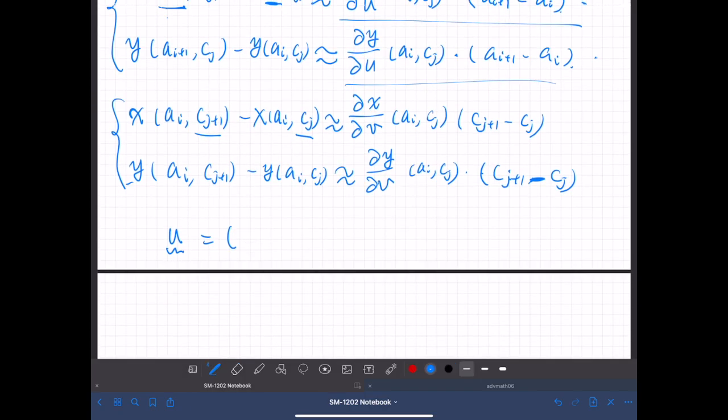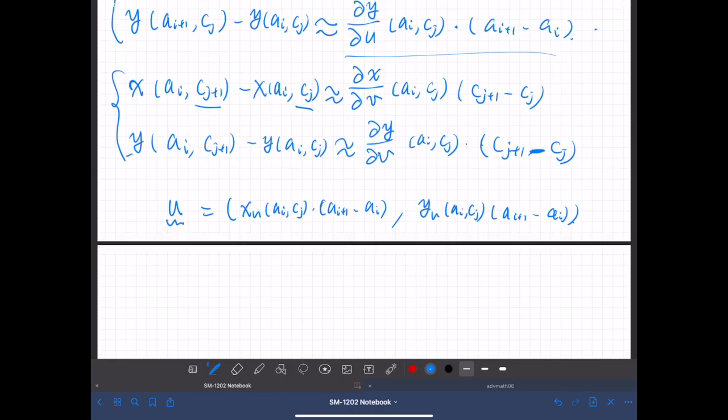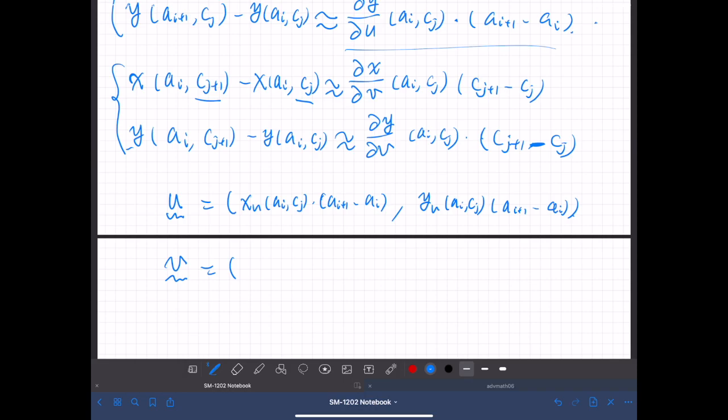So x_u(ai, cj) times ai plus 1 minus ai, and y_u similarly, and another vector v, x_v times cj plus 1 minus cj and y_v times cj plus 1 minus cj.